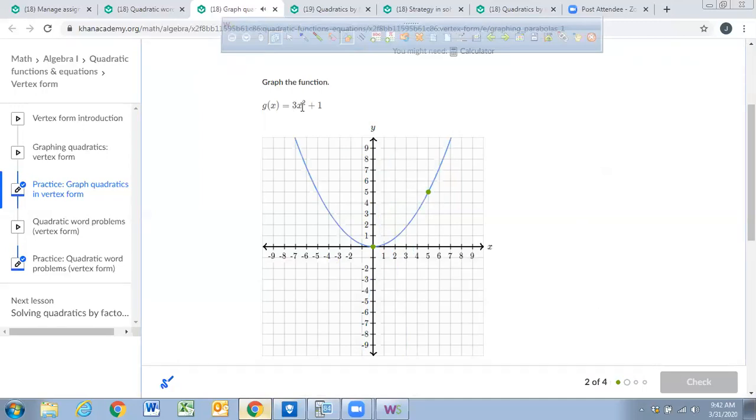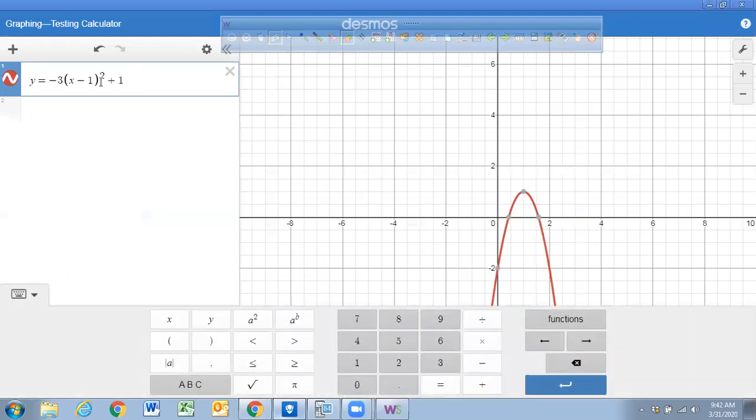On this graph right here, when you're graphing these, you can type them into Desmos. By the way, the vertex right here is going to be at a 0, 1. That's being multiplied by 3. So I know this is going to be my graph, but I'm going to go ahead and just type it into Desmos so you guys can see the pattern.